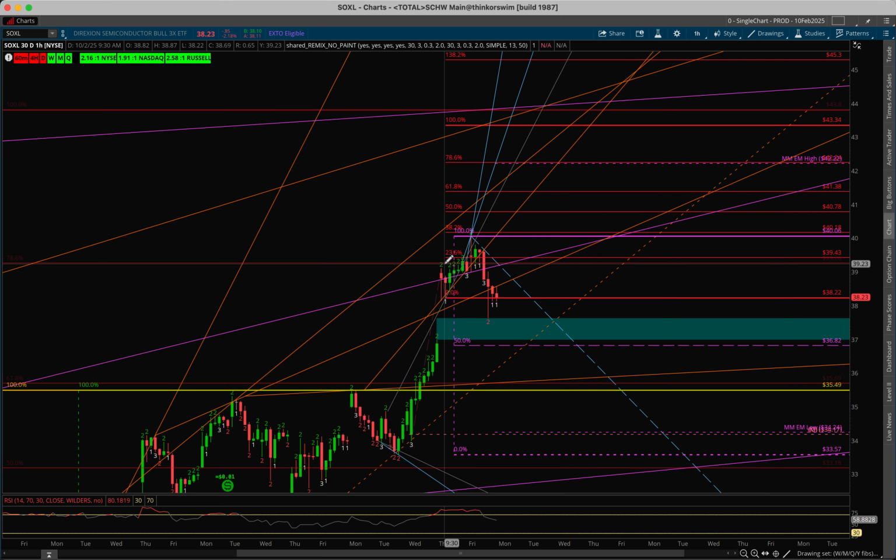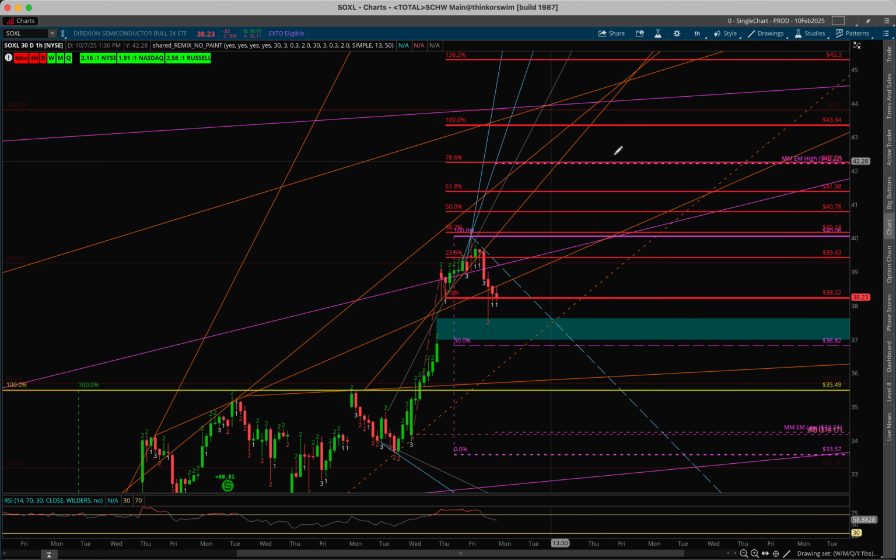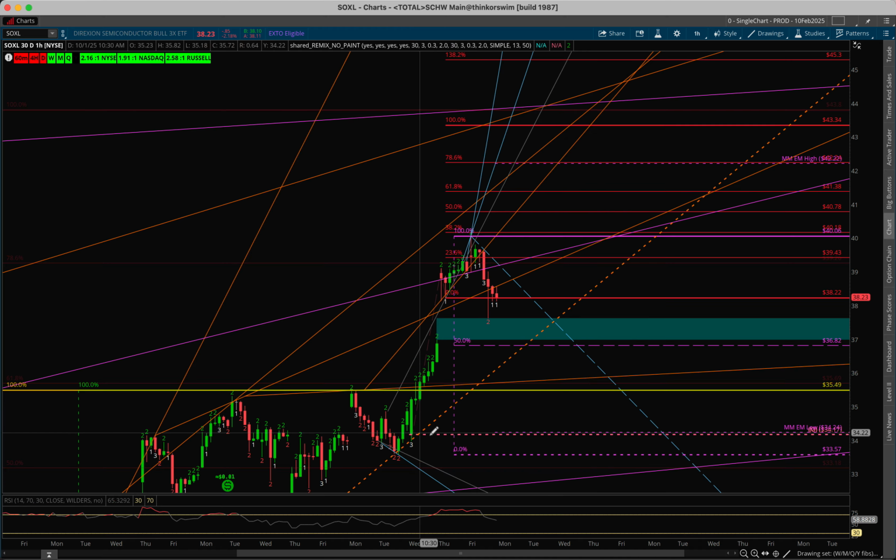If we use that and look at the pullback that we had, the fib extensions of that flag, we can call it the 78.6 is that $42.22. And if we look at what the month and the quarter flip are, which we always keep track of, what would flip the month red and what would flip the quarter red, that's down here at this 34.24.